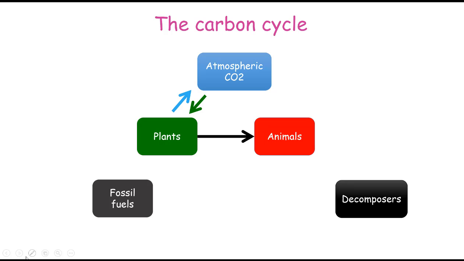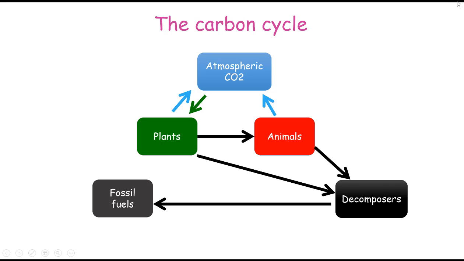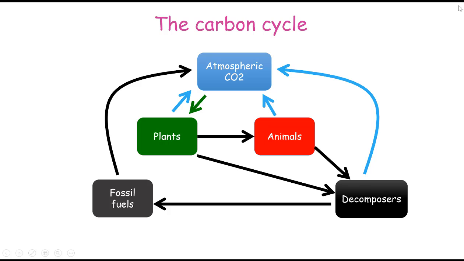We've also got one going from plants to animals, which is feeding, and then one from plants to decomposers, one from animal to decomposers, and one from animals to atmospheric CO2. You then have one going from decomposers to fossil fuels, and then one up from fossil fuels to CO2, and then a final one at the other side from decomposers to CO2.